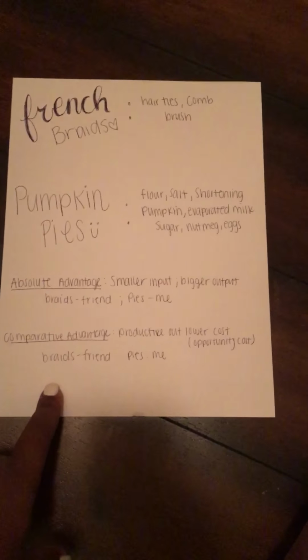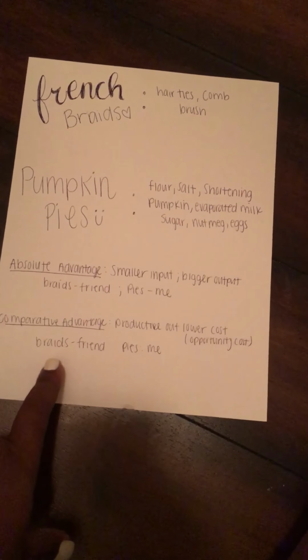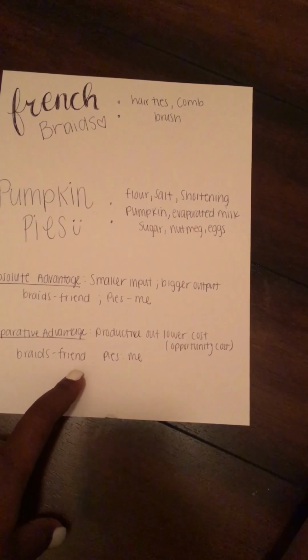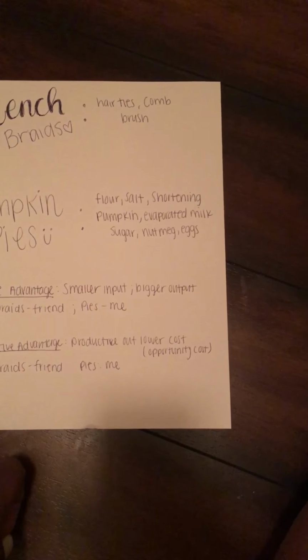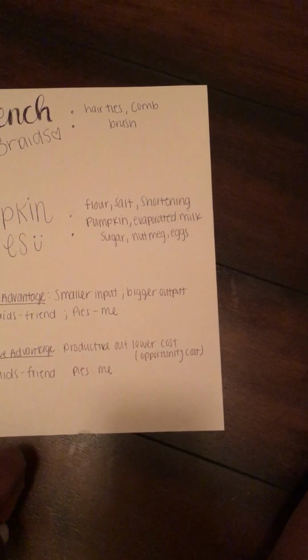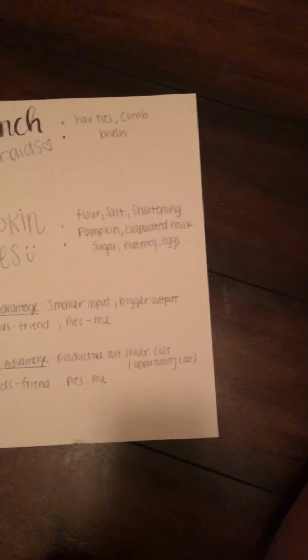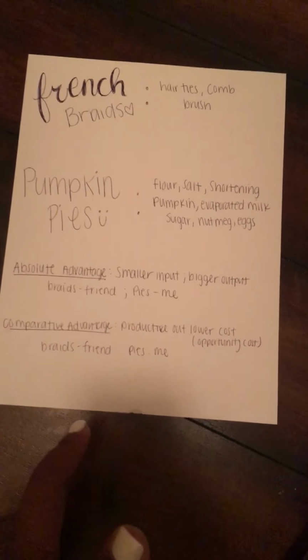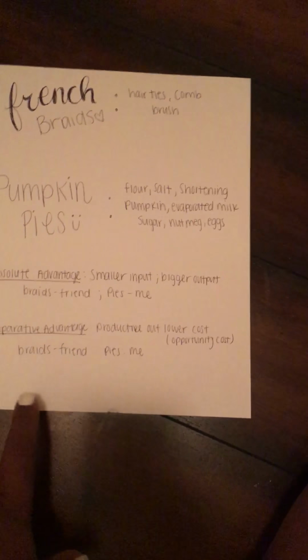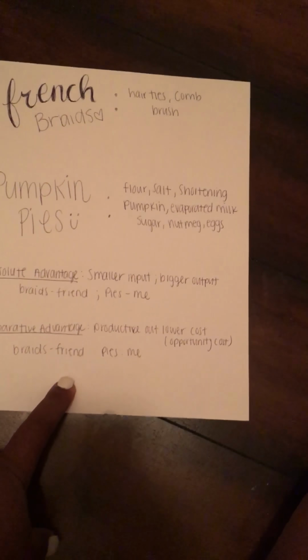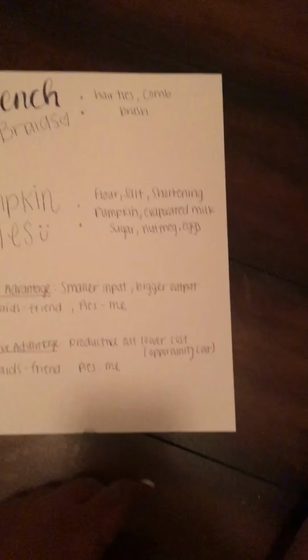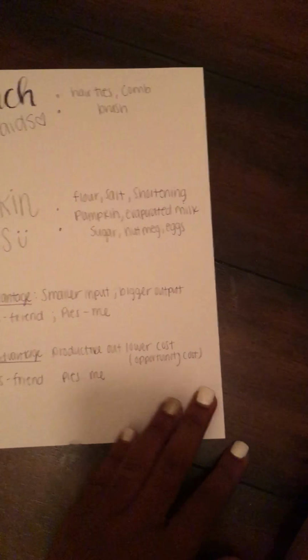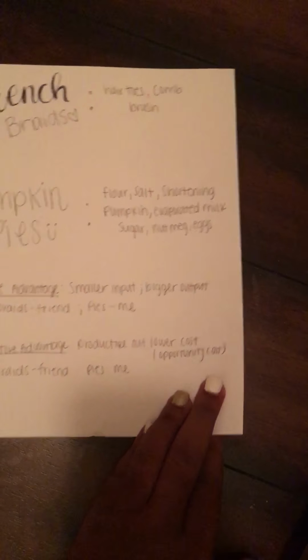The second term is comparative advantage. This one is just having a productive output at a lower cost. Then in this case, it's opportunity cost. Opportunity cost and comparative advantage go hand in hand. So again, my friend has comparative advantage over me with braids, but I still have a comparative advantage over her with pies.